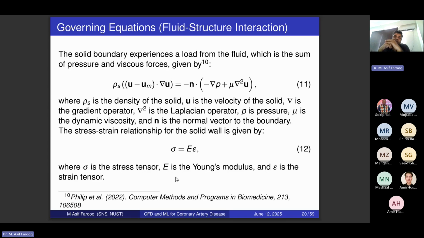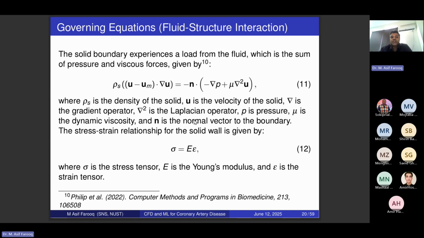This phenomenon is called fluid structure interaction. For that, we need to work a little bit more than the previous one, and we need to add the fluid structure interaction equation as well. Equation 11 is for the fluid structure interaction.